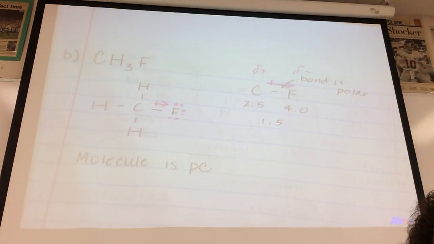Go ahead. What if you have a molecule that can be an isomer, and in one way of drawing it, it's going to be nonpolar, but in the other way, it will be a polar molecule? I can't think of an example where that can happen.